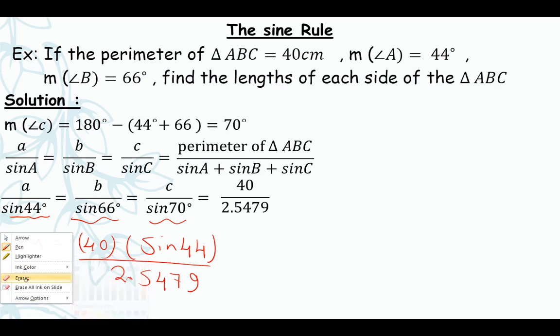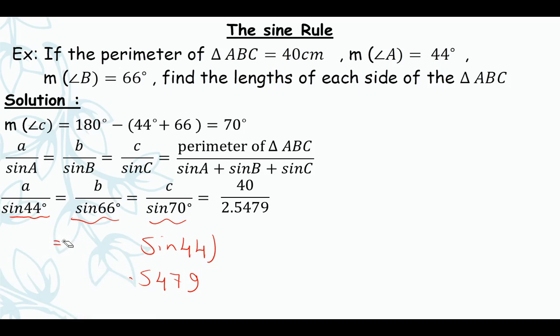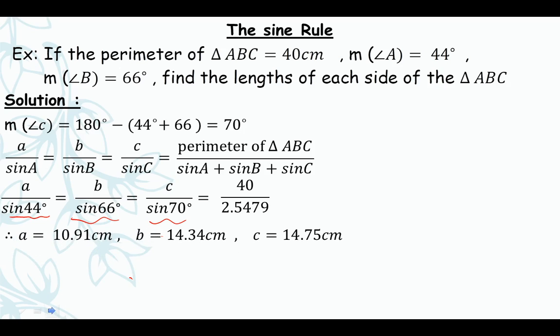Then the three side lengths will be: a equals 10.91 centimeters, b equals 14.34 centimeters, and c equals 14.75 centimeters.